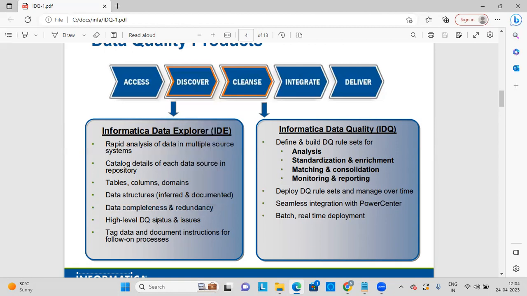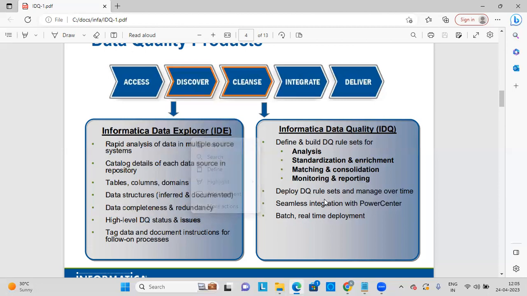And now the next step is high level IDQ issues and statuses. Remember, guys, we can only identify high level DQ because the scope here is the discovery part. DQ we don't focus on here. The DQ part will be focused on in another box that will be discussed. For example, we talked about duplicates.